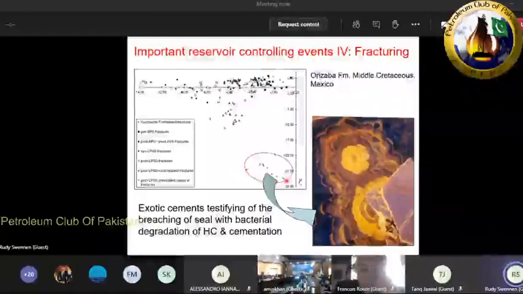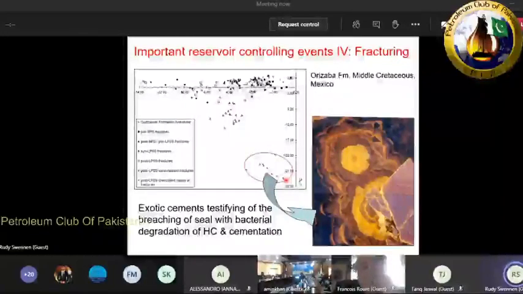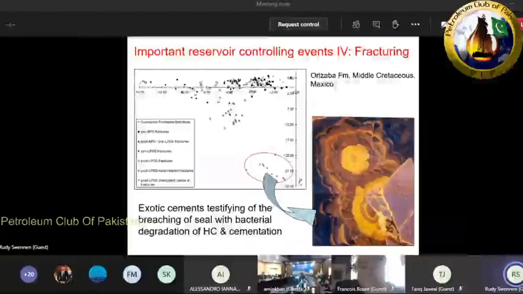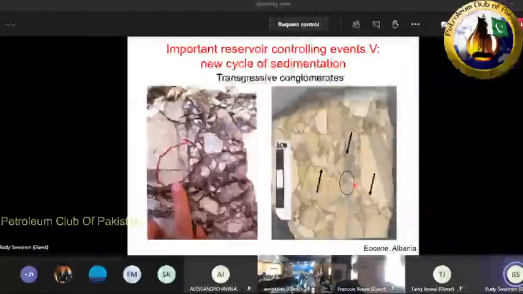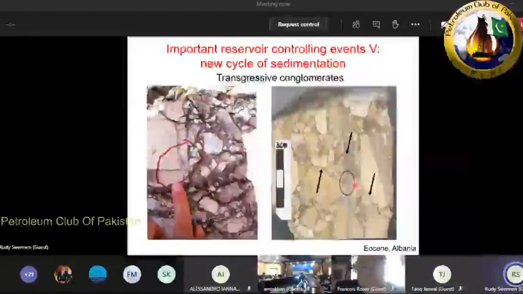So here we have the release of some hydrocarbons due to the breaching of the seal, and the oil which is migrating came into contact with bacteria which caused these curious exotic crystals. These types of textures are very typical for interaction with bacteria. And also the isotopes testify of the presence of these hydrocarbons.